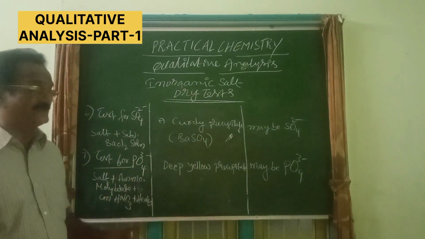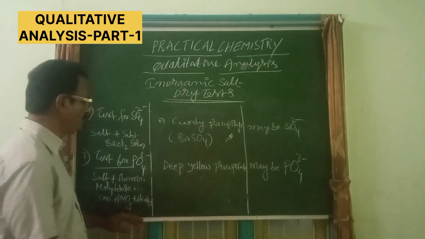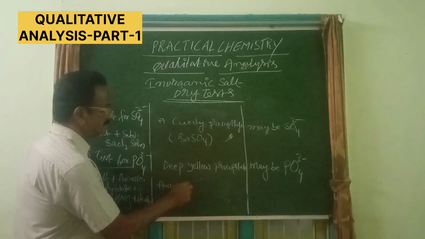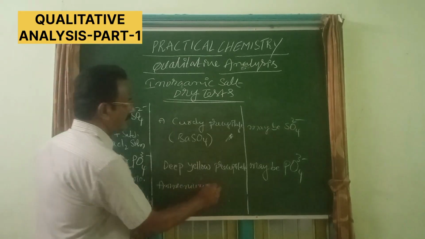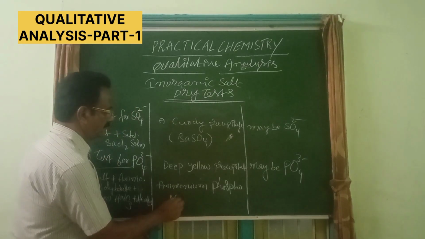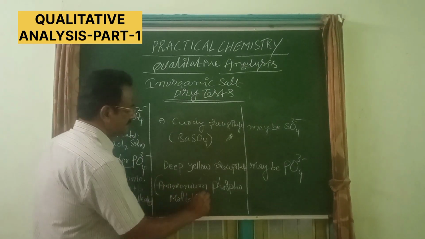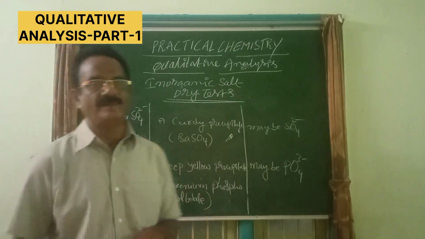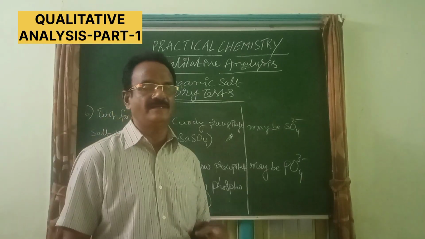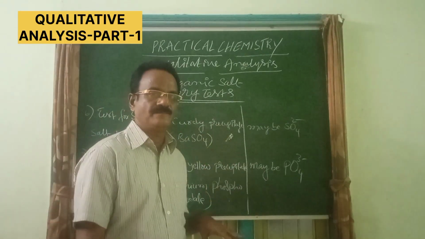And another important thing is, deep yellow color precipitate is due to formation of ammonium phosphomolybdate. So this compound is formed in the form of deep yellow color precipitate in the test tube, if there is phosphate in the given inorganic salt. So these are identification tests.